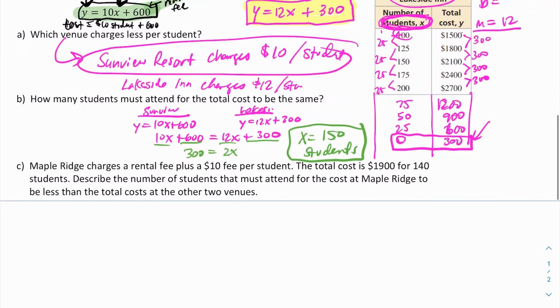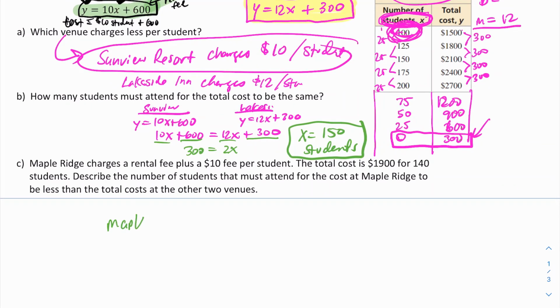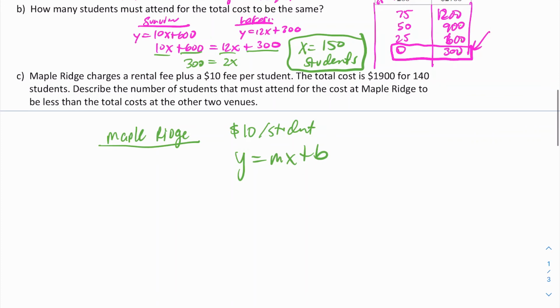The last one says Maple Ridge, so this is a new place, charges a rental fee plus $10 a student. Okay, so y is equal to mx plus b. So we have the total cost is $1,900, $10 per student, and then we don't know what b is.